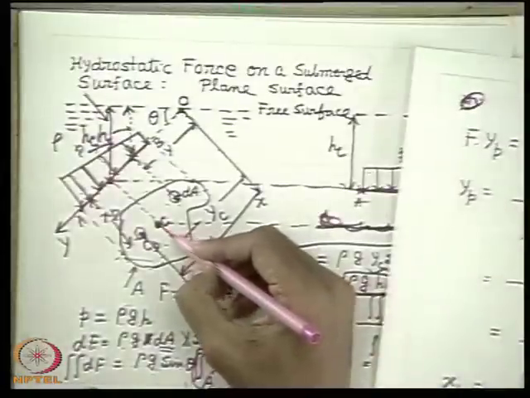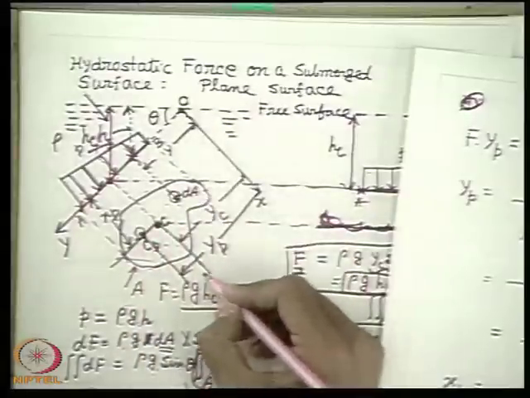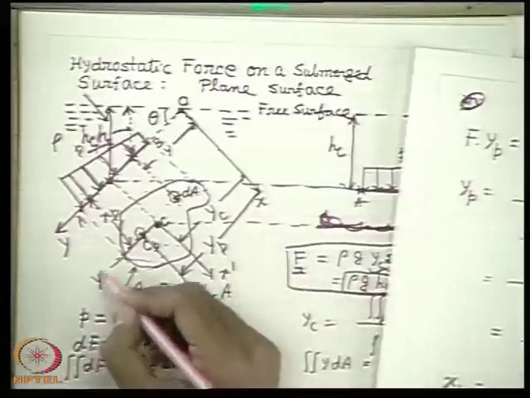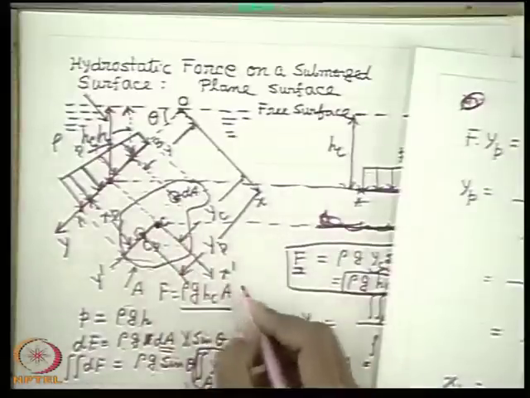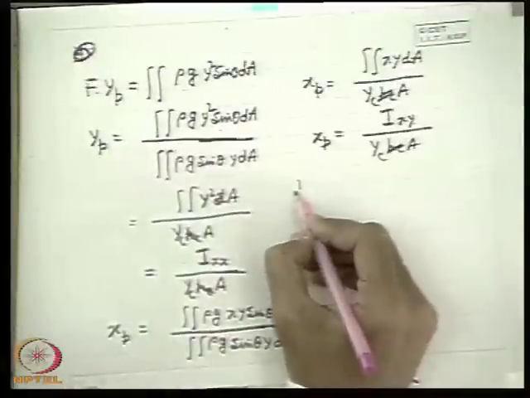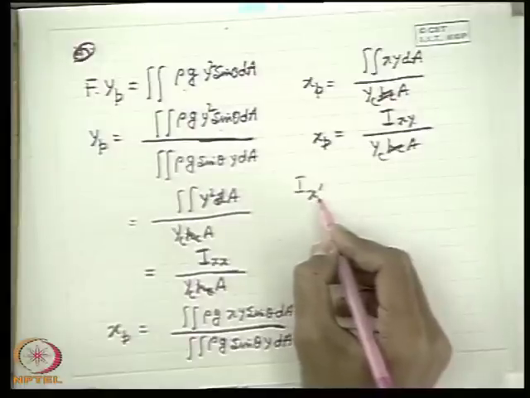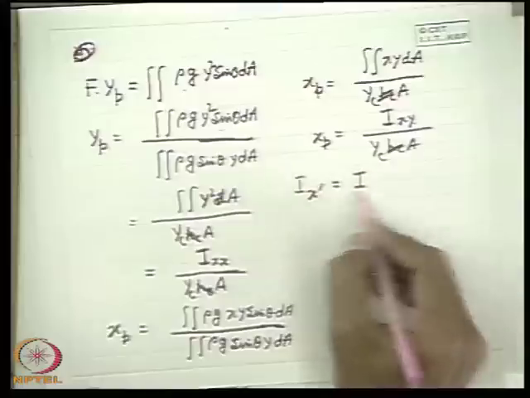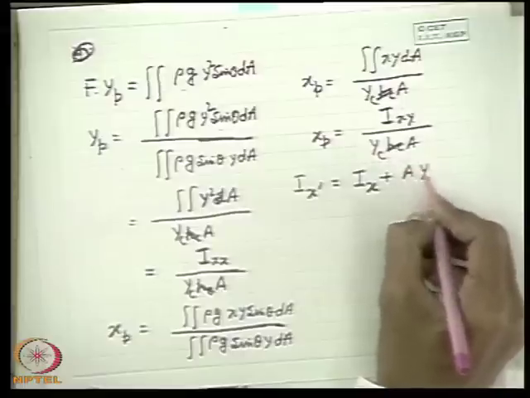Now by the parallel axis theorem, you know that if I take the parallel shifting of the axis as you have read earlier, and if I define x dash and y dash as the coordinate axes parallel to x and y through the centroid C, and if Ix dash is the second moment of area about the Ox dash axis, then the relationship with the old moment of inertia is Ix equals Ix dash plus A into Yc square.